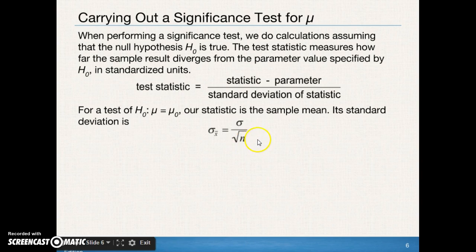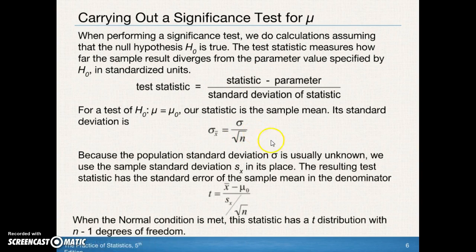And we would divide that by the square root of n, the size of our sample. However, we know that that's really kind of unrealistic. So again, notice the denominator is that standard deviation of the statistic. They replace sigma with an s again, divided by the square root of n. X bar is the sample mean, and then mu is the mean that came from our hypothesis.